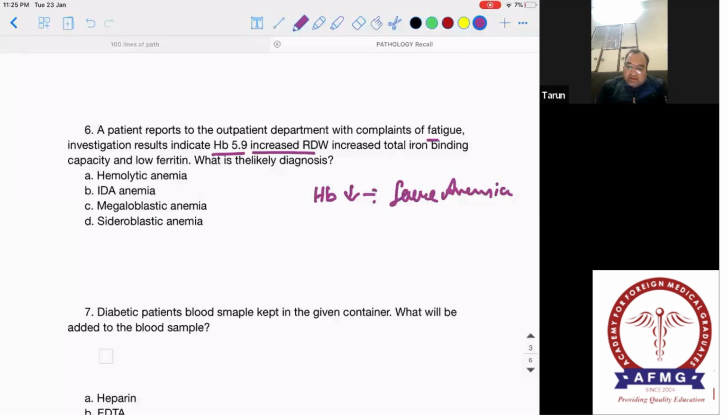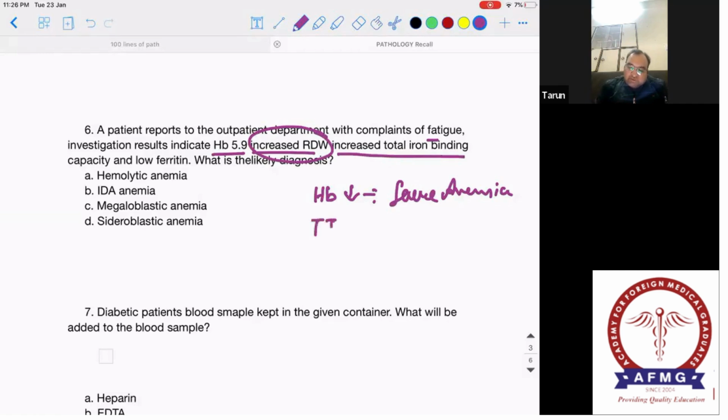Okay, so here increased RDW is given. Even if you forget what RDW is, okay, and you are not able to correlate it with anything, then there is no problem. Again, you have to see the iron parameters. Here, the iron parameter given is TIBC, total iron binding capacity, which is increased here.